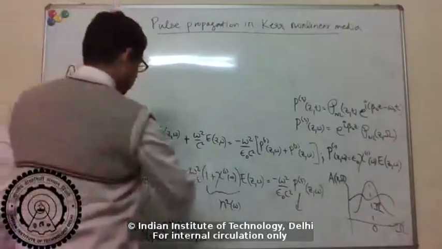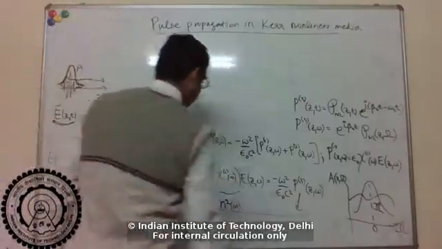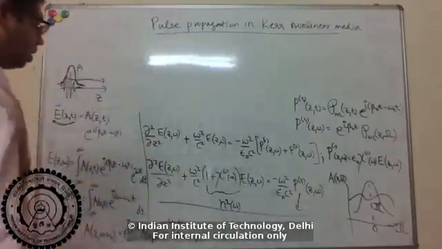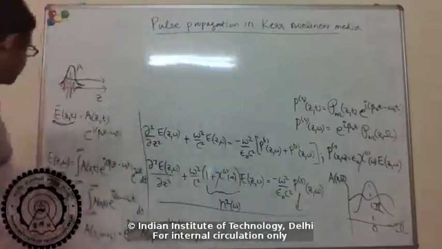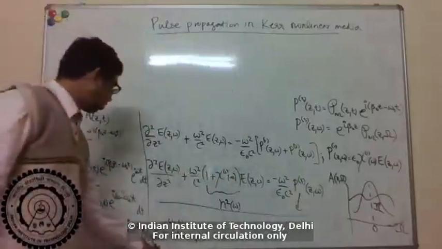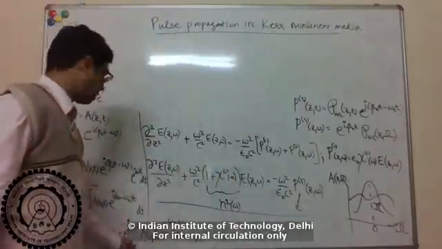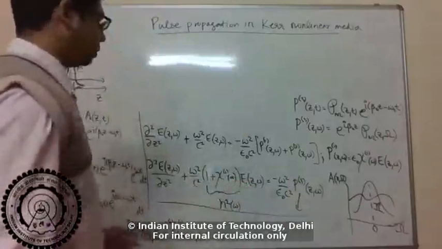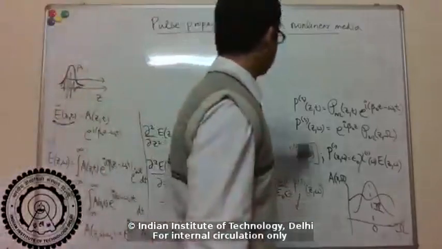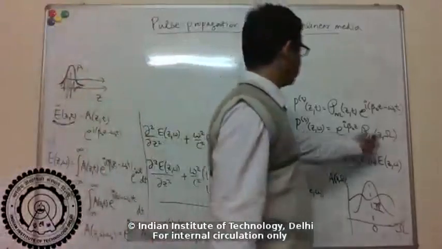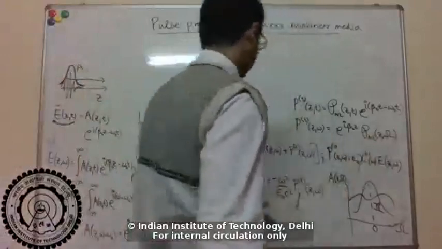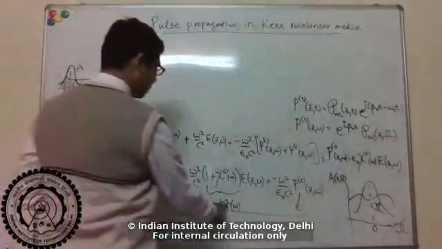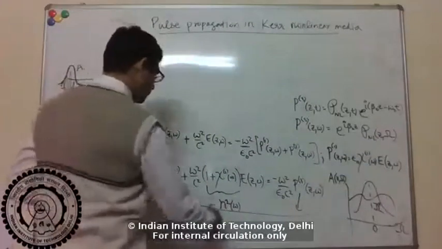Let's again go back to this equation where we were. For Ez of omega, we can put this Az of omega times e to the i beta naught z here and here. Similarly for P3 z of omega, we can put this envelope times e to the i beta naught z. And then this omega by c squared times n, that's just beta.